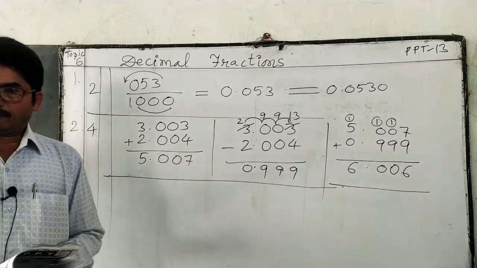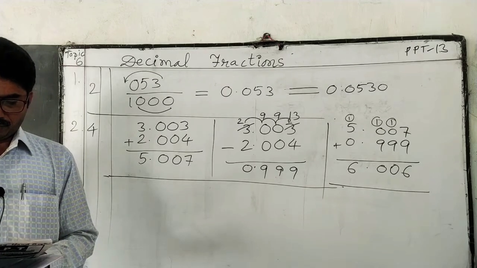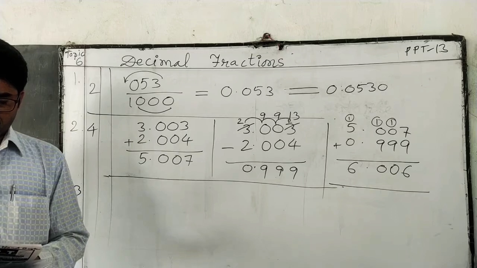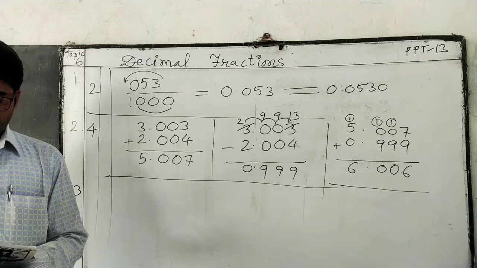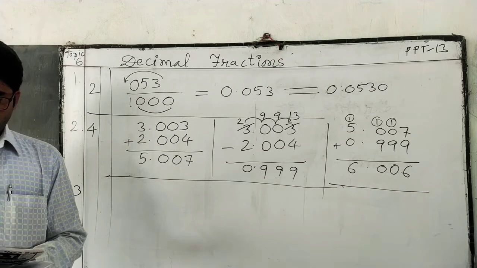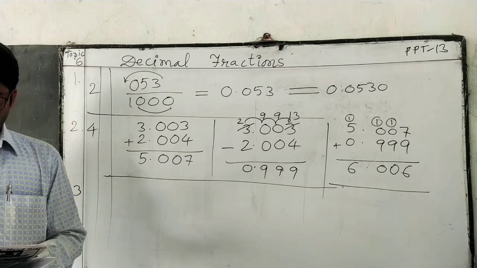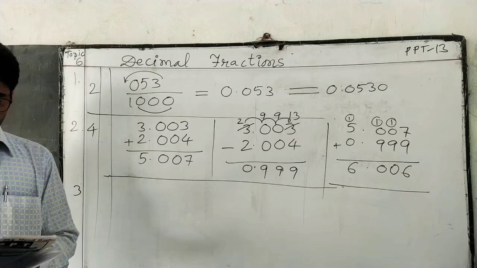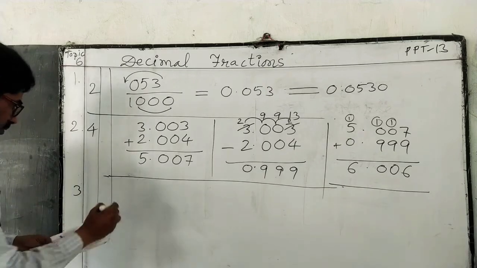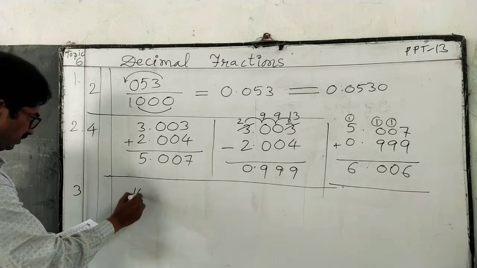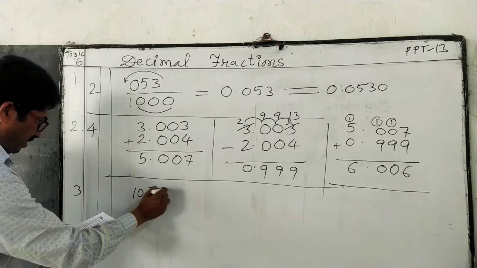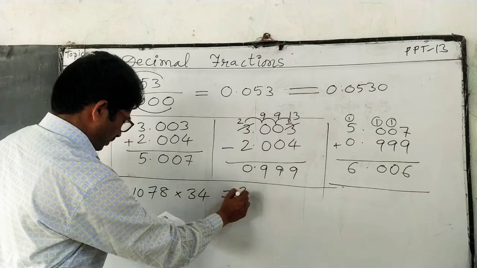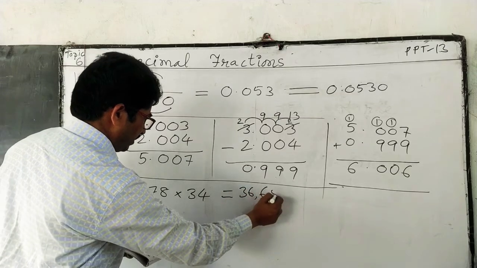Third problem, 1078 into 34 is equal to 36,652. Then the value of 366.52 by 0.34 is? 1078 into 34 is equal to 36,652.